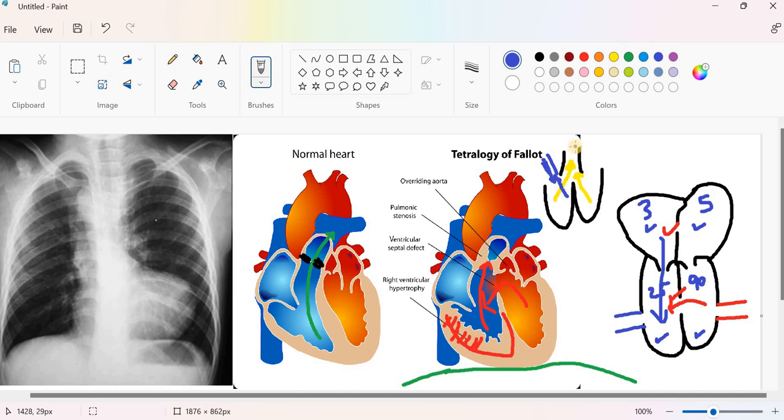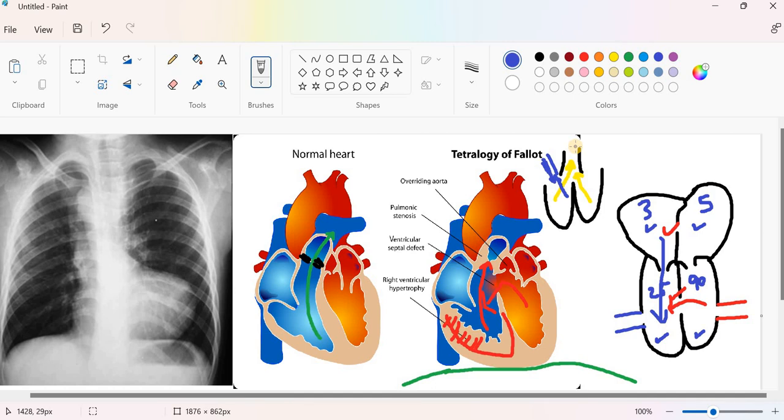And because of that overriding, and because the aortic valve is normal compared to the pulmonary, the blood in Tetralogy of Fallot tends to jump or pass from the right ventricle to the aorta. This blood is non-oxygenated blood, and its passage to the aorta will lead to cyanosis in Tetralogy of Fallot. So this is the way it is in Fallot. This explains that in Fallot there will be right ventricular enlargement or hypertrophy.